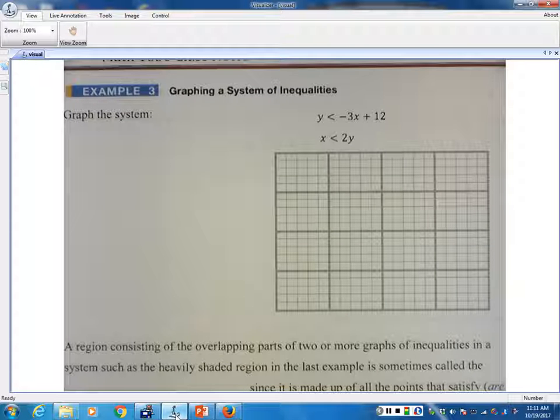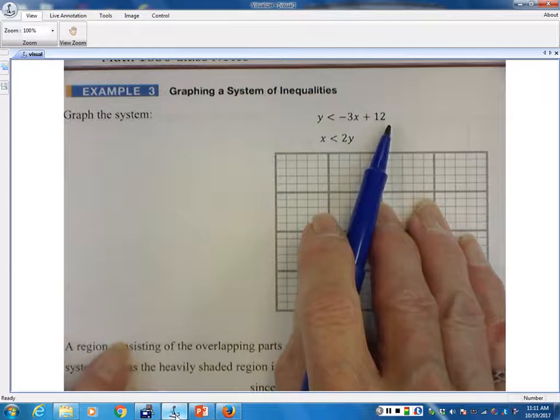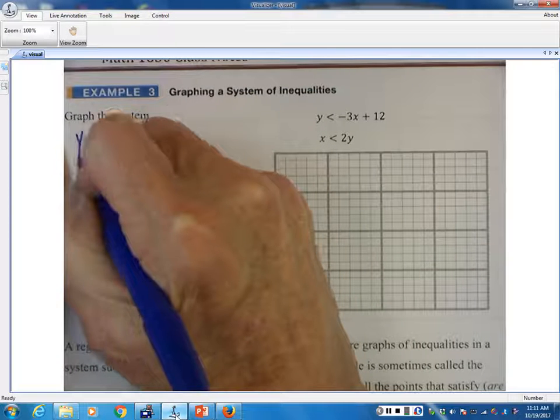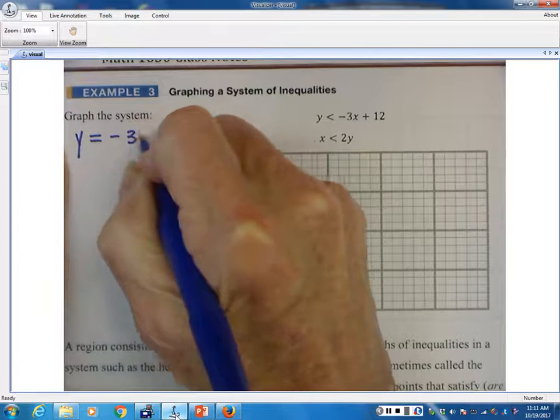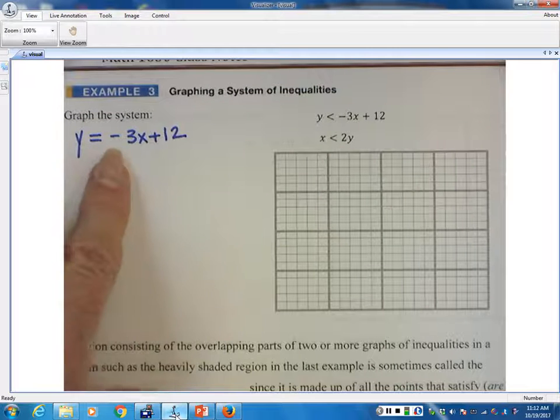First thing we're going to do is graph y equals negative 3x plus 12. Now, since handily this one has already been solved for y, we can graph this one more easily using the slope-intercept method.